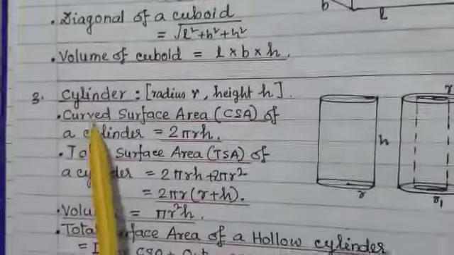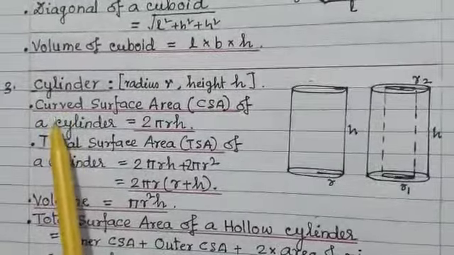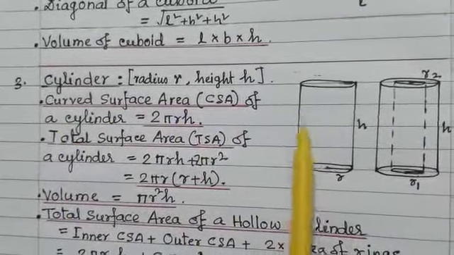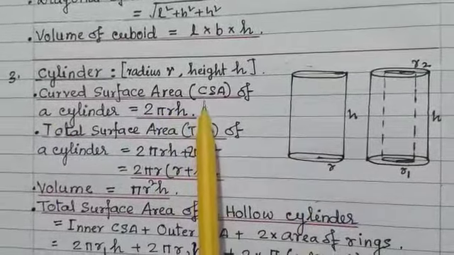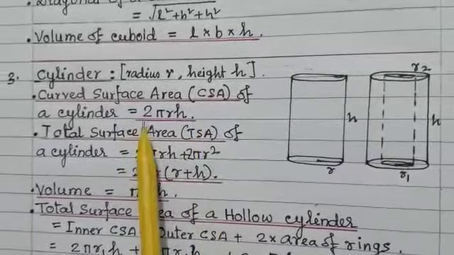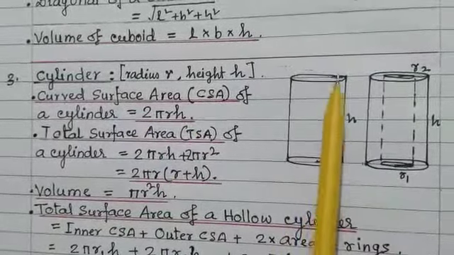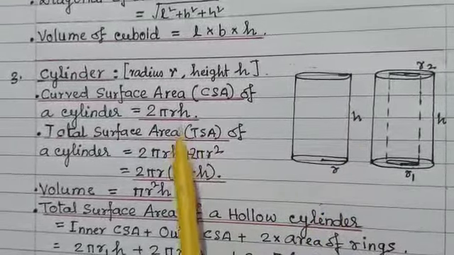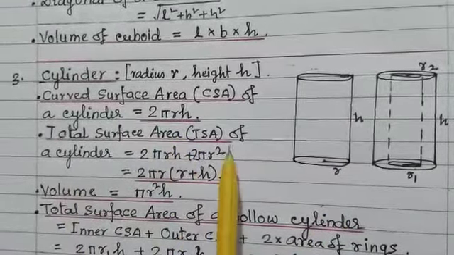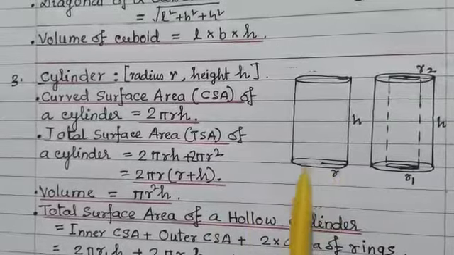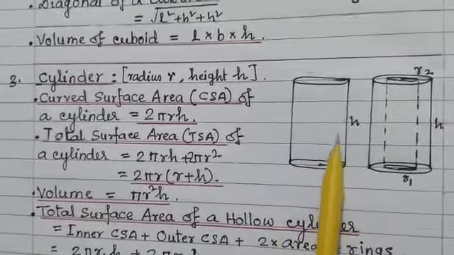Next figure is the cylinder. Curved surface area, this is the curved part. Curved surface area of the cylinder is 2 pi rh. 2 pi r is the circumference, into h. So 2 pi rh. Volume is pi r square, the area of base, into height.